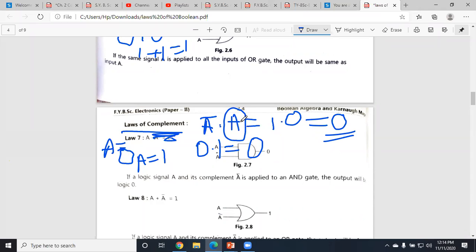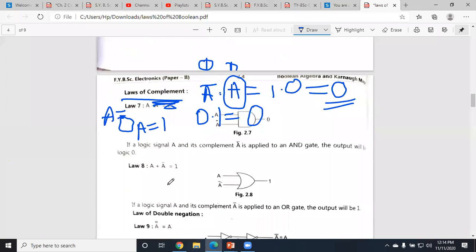Simple. If that variable is equal to 1, the complement will be 0. If the original variable is equal to 0, the complement will be 1. So no matter what you do, the value is going to remain 0. And if you are multiplying that 0 with another one, the answer is going to remain 0. Everybody understand?